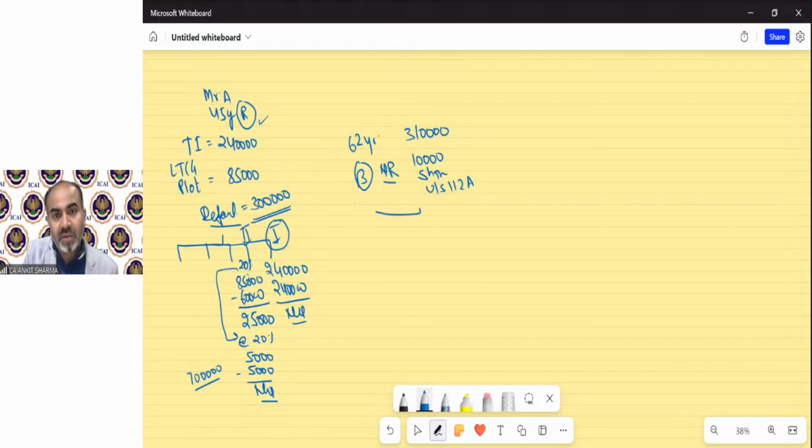Now again, this is a non-resident case, so there will be no rebate and exemption cannot be utilized against long-term capital gain. So the income has been given as 3,10,000 and 10,000 as share income on 112A.